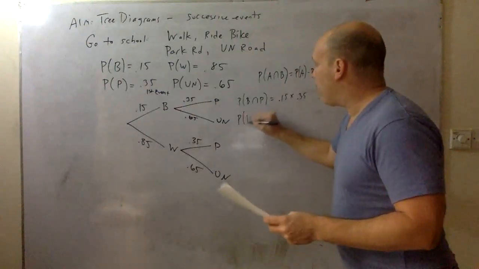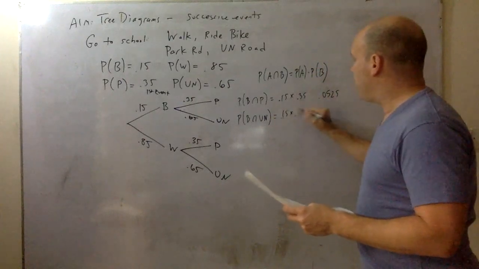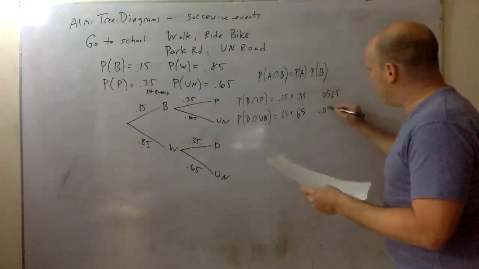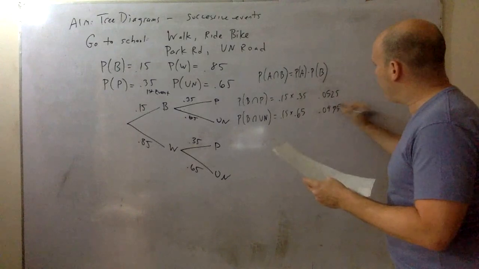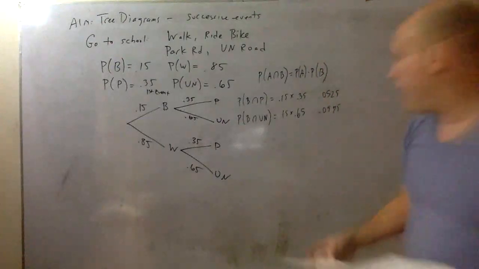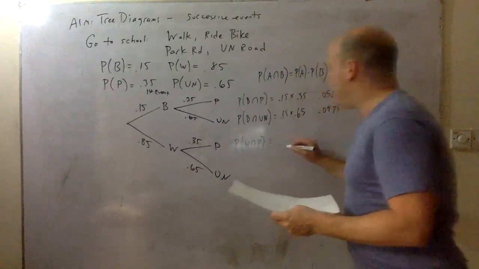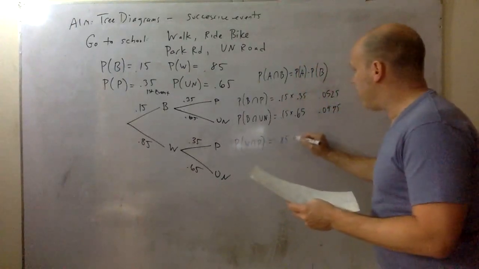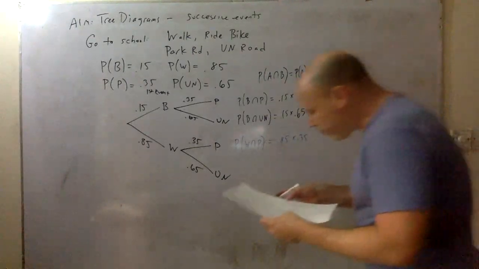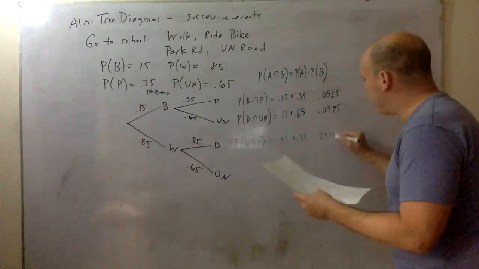What's the next outcome? That's the probability that I rode my bike and I took UN Road. Well, that's 15% times 65%, which is 0.0975. Let me use a different color. I'll use blue here. What's the next thing that can happen? The probability that I walked and I took Park Road is equal to 85% times 35%, and that's equal to 29.75%.